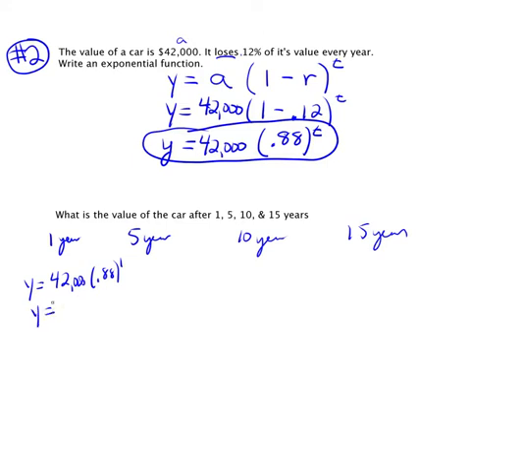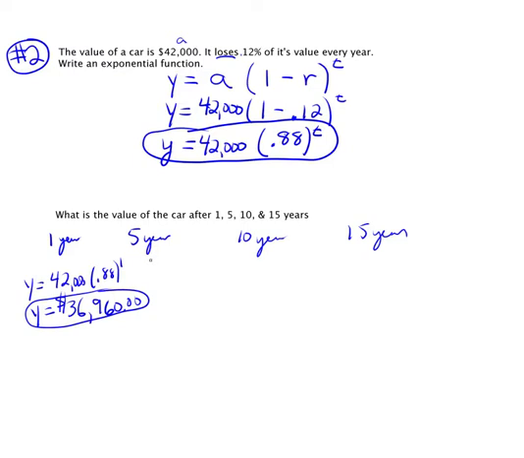And when we use our calculator to multiply that out, we get 36,960. And that is dollars, because that's how much the car is worth the first year.